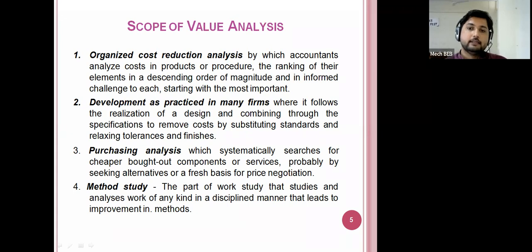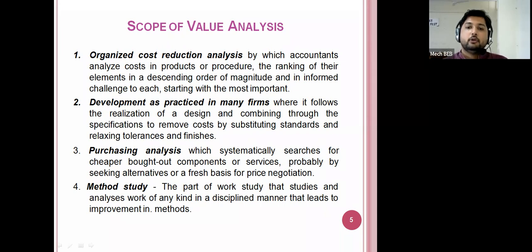So in this way, first of all, you need to organize the cost reduction analysis. Then development, as practiced in many firms, follows the realization of a design and combines thoughts through the specification to remove cost by substituting standards and relaxing tolerances and finishes.